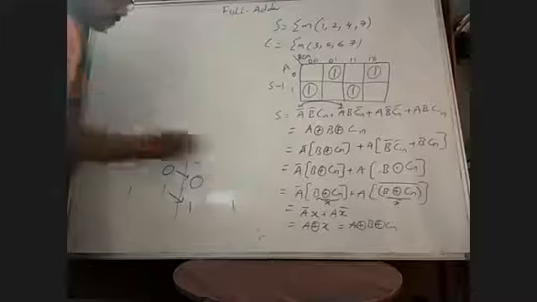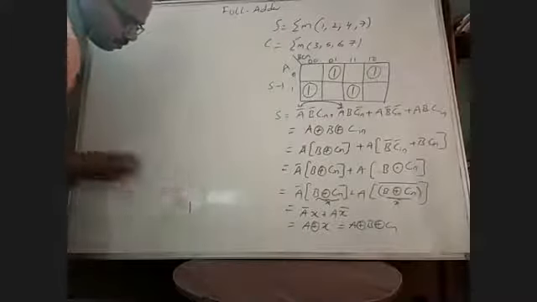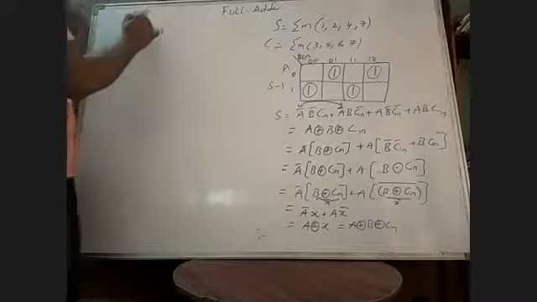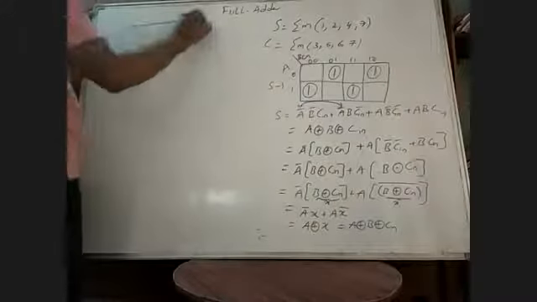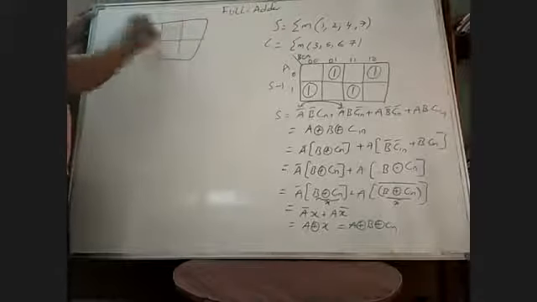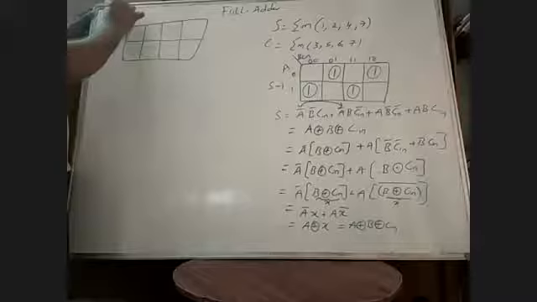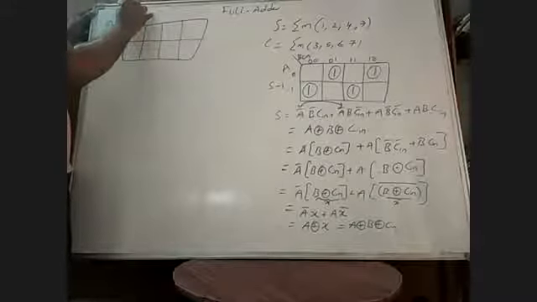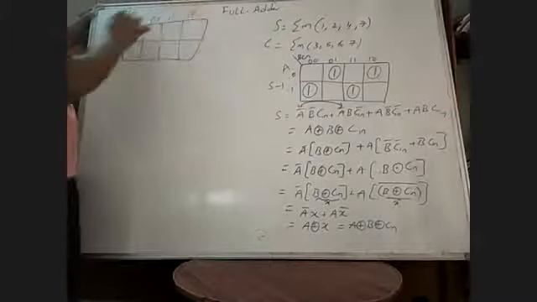Now we are going to verify the expression for carry. That is, we are taking one more K map. A B C in: 0 0 0 1 1 1 1 0 0 1.